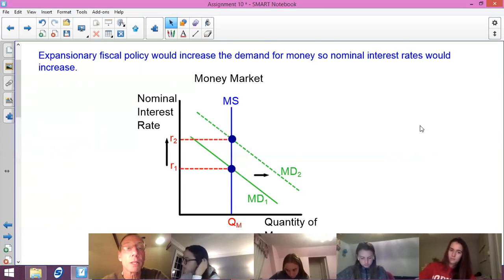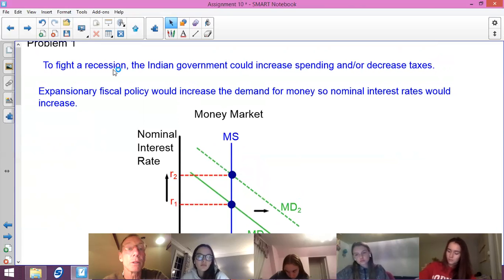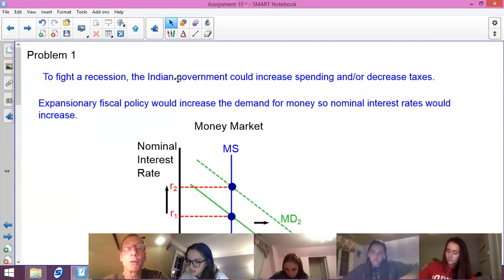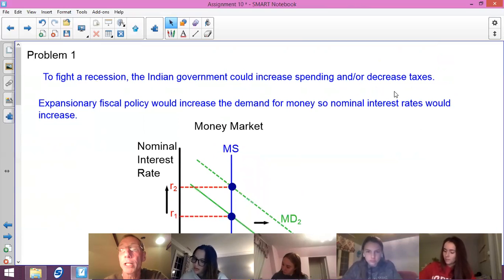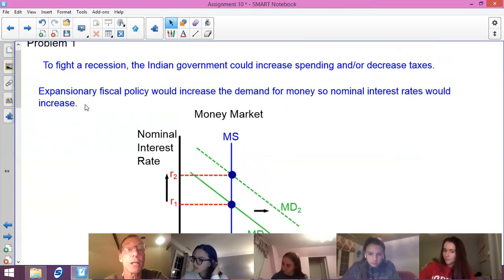So if the Indian government wants to fight a recession, they're going to either increase spending or decrease taxes. And this, of course, you should know, and I'm sure you do know, is expansionary fiscal policy. And this would increase the demand for money.